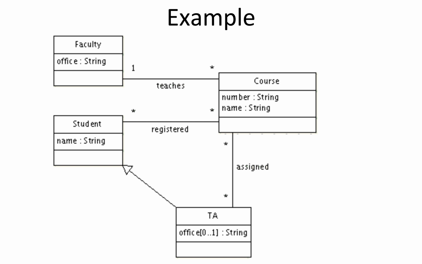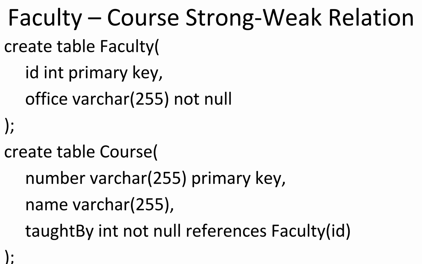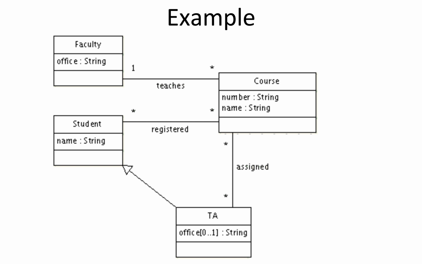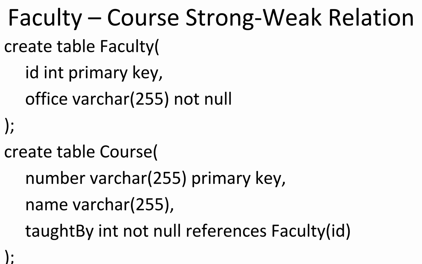Capturing the number and the name of the course. So no big deal here. Notice that the taught by references the faculty, right? So notice that you have a foreign key going from the course table over to the faculty table. So you have a foreign key here referencing the faculty. So that's expected, right? We've done that. That's taken care of by the algorithms we've seen so far.